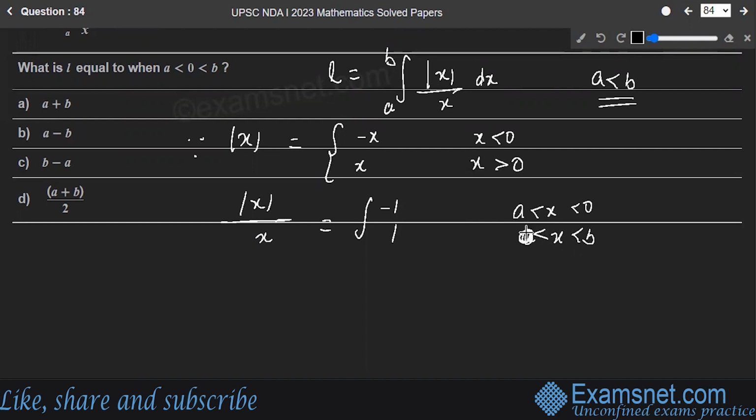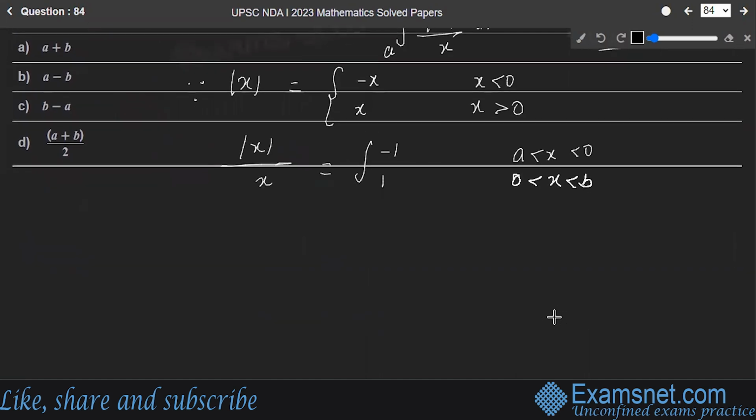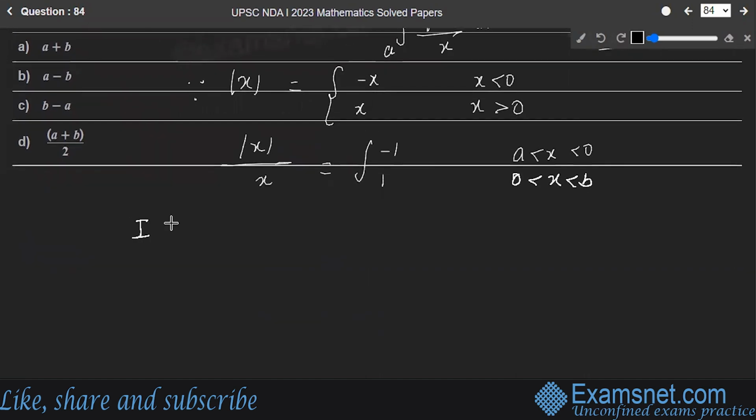All right. So next, the integral was a to b mod of x upon x dx.